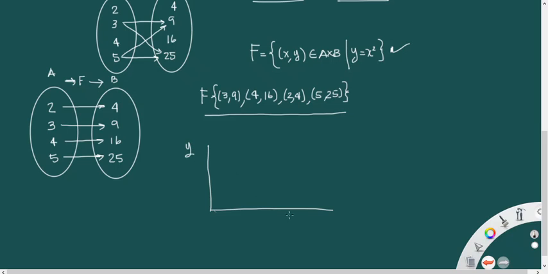Maybe you already know this. Let's say that this is a function x comma y, and this is the graph that represents that function. So if we have some value x of 1, for x of 1 we have here a value y sub 1, and here another value y sub 2.